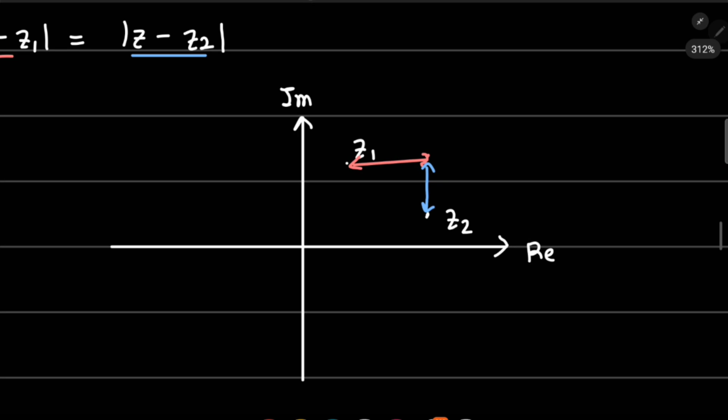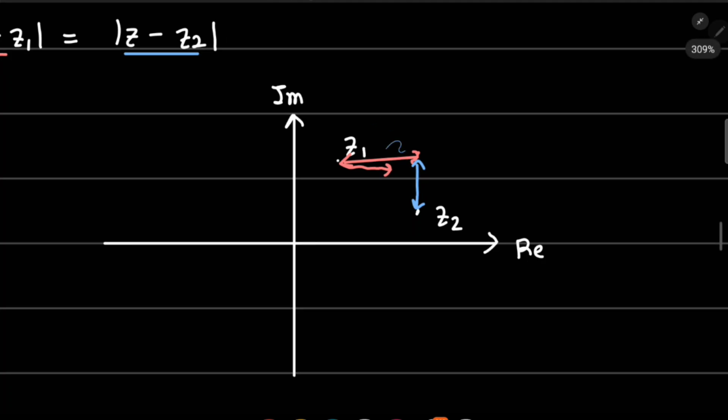I want both of these distances to be the same. So at any point, it will be equidistant from z1 and z2. So for all points, the red and blue lines will have the same length.